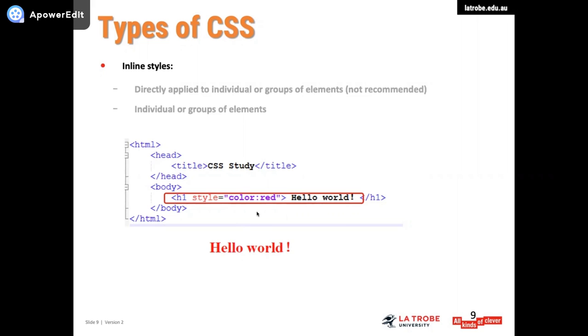If you have several Hello World or other texts, with the inline style you have to do it one by one. That's why inline styles are not recommended, because it's very inefficient, and it will be hard for you to maintain your website if it contains a lot of different elements.